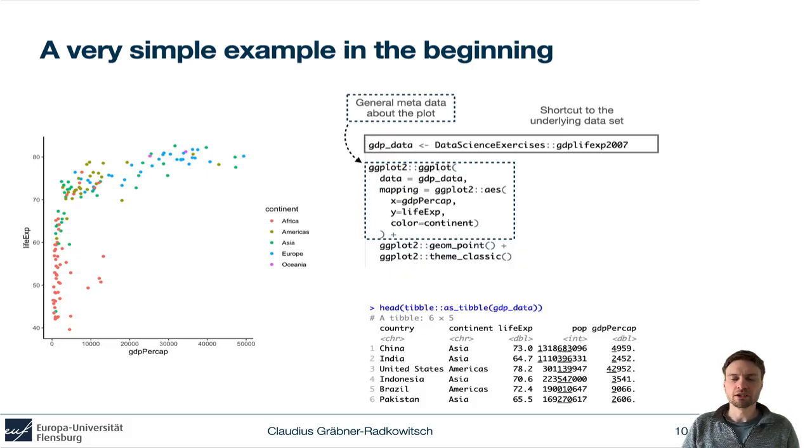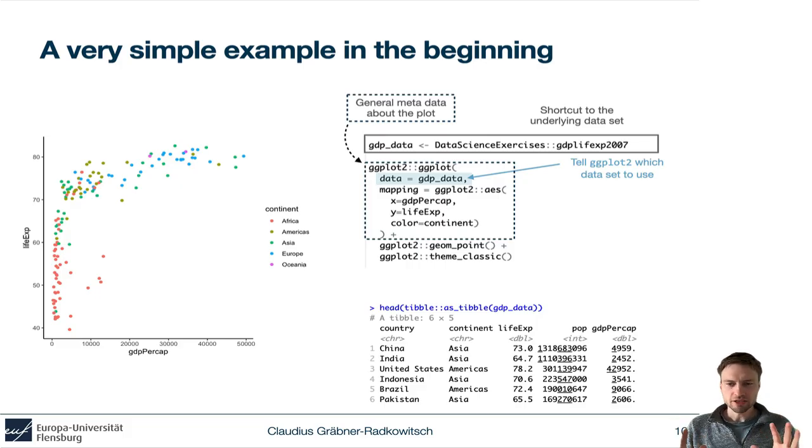What we have here, for example, is the specification of the underlying data set. With the argument data equals GDP data, we tell ggplot that for everything that comes later, by default, refer to this data set. You can also use a different data set, but that you would need to make explicit.